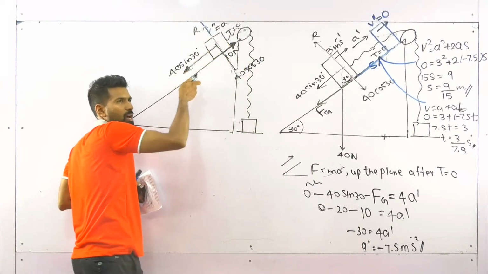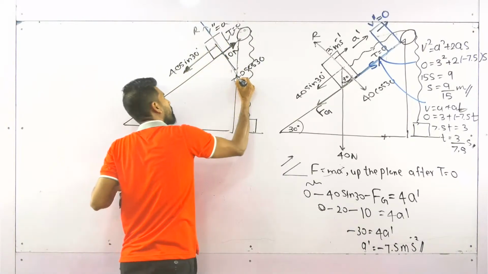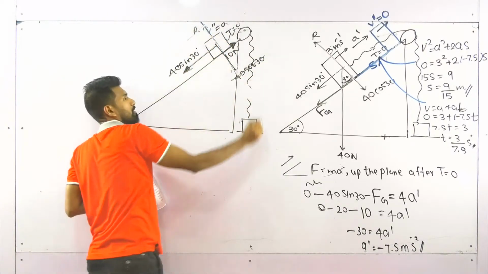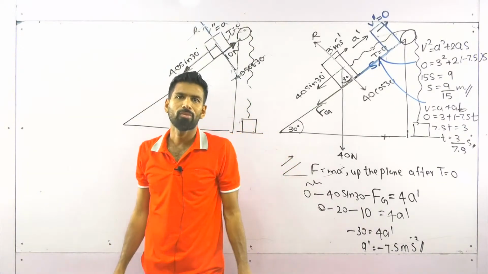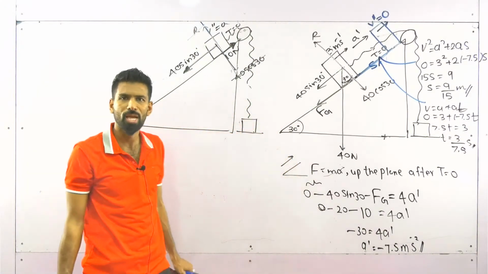All the motions are parallel to the plane. So again, 40 cos 30 will cancel out with R. So R will have the same previous value, and with multiplication by mu, friction will have the same value.